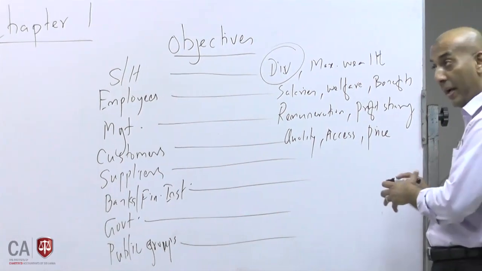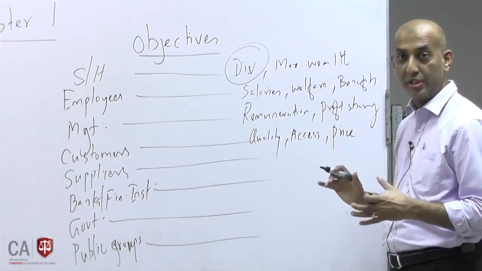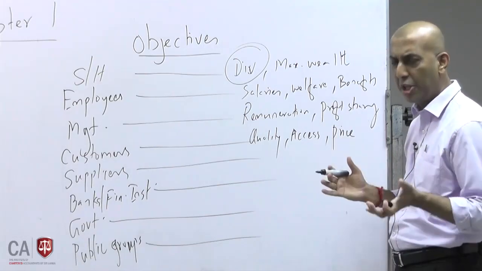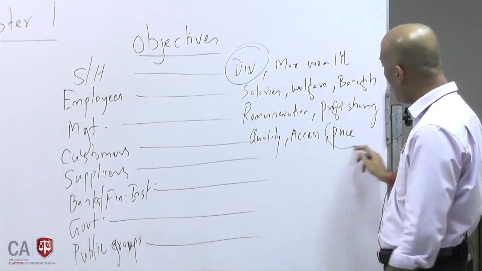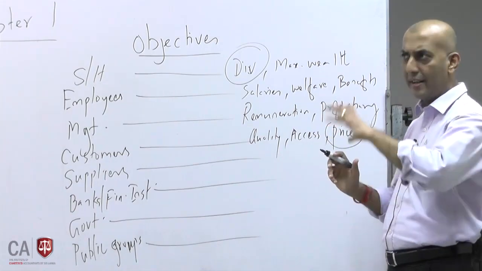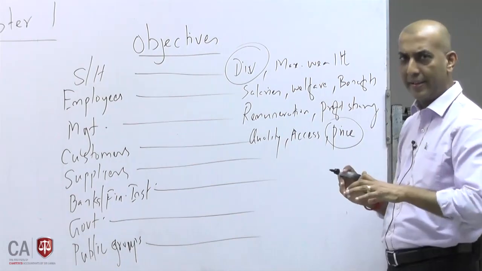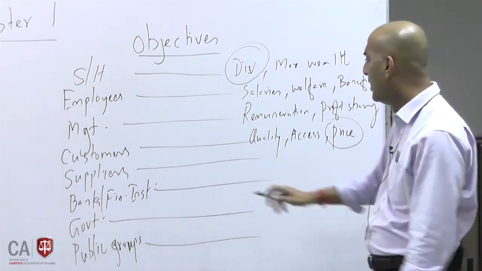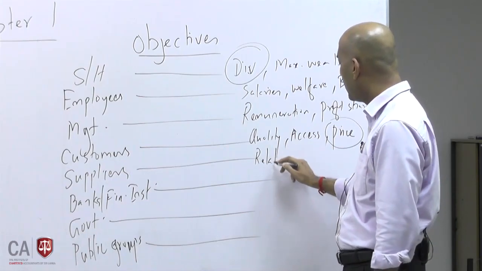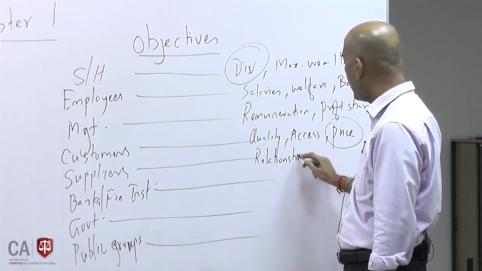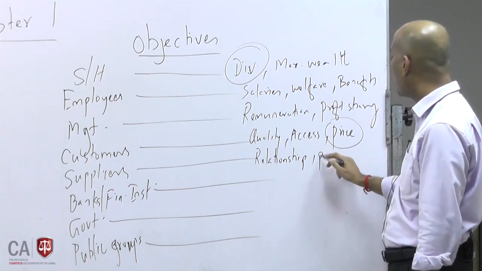I don't say cheap price. They want fair-priced goods. People don't really want everything cheap. Even though psychologically we say their products need to be cheaper, people are willing to buy reasonable quality at a reasonable price. Suppliers, they always want your relationship, and they want the payment on time.